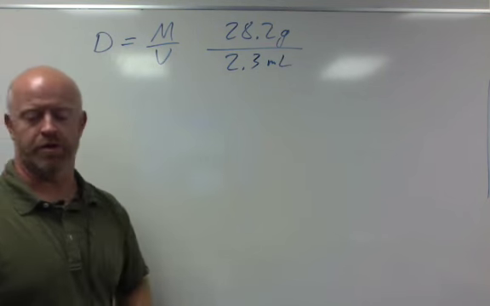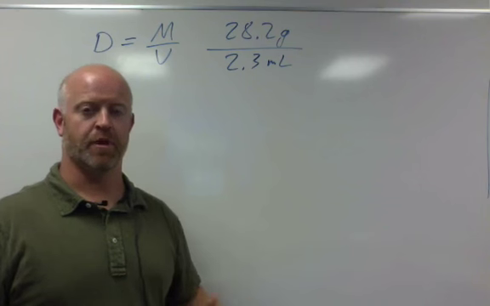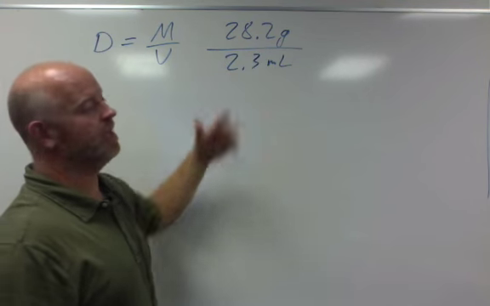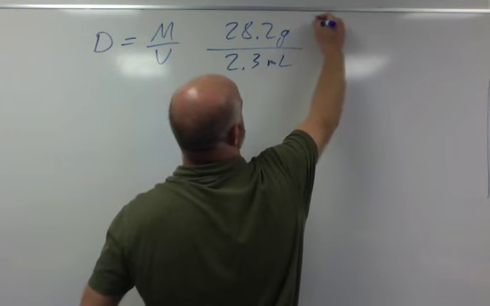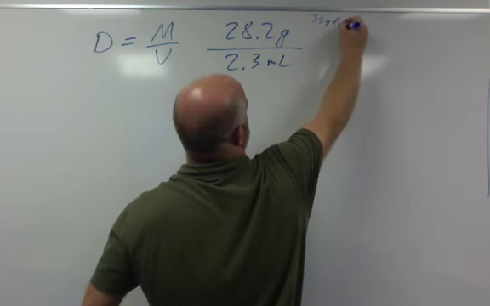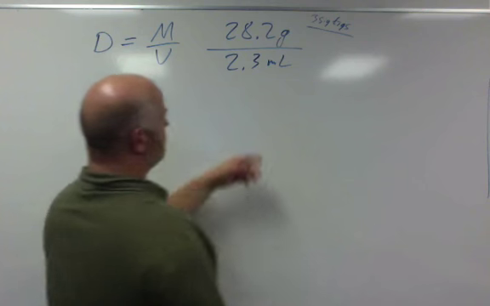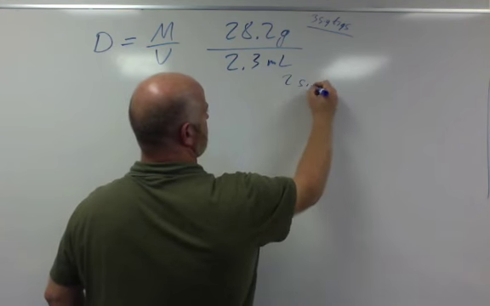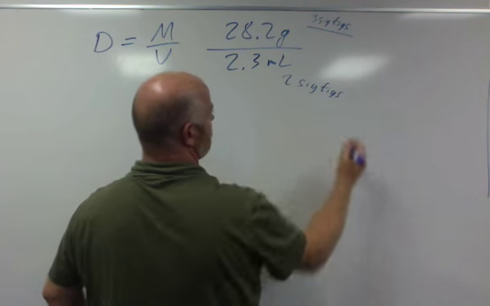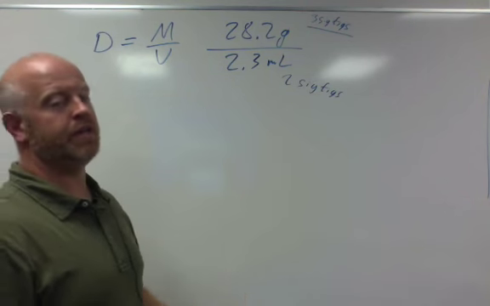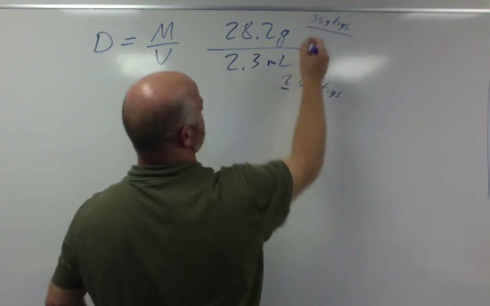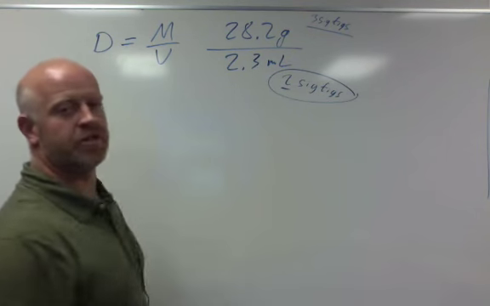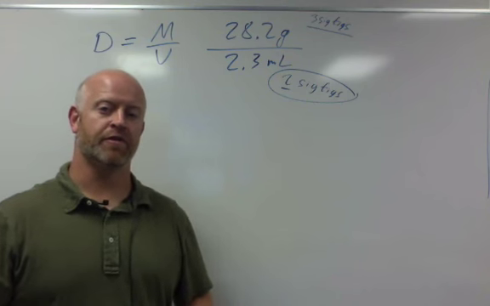Our first step is to figure out how many significant figures each number has. My top number, since it has 3 non-zeros, has 3 sig figs. My bottom number has 2 significant figures, which means 2 is my smaller number, so my answer will only be able to have 2 significant figures in it.